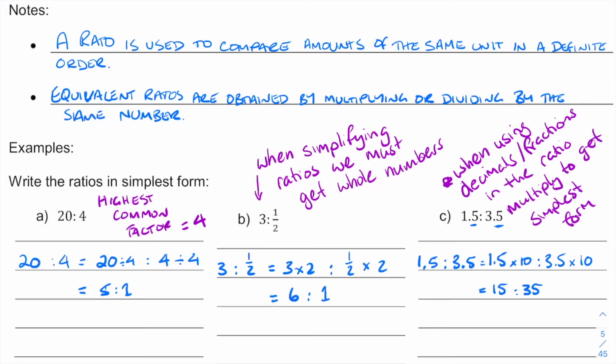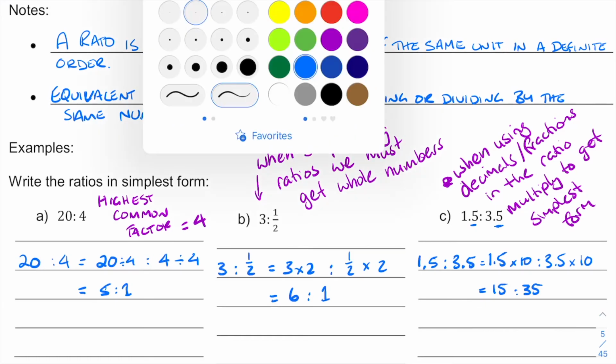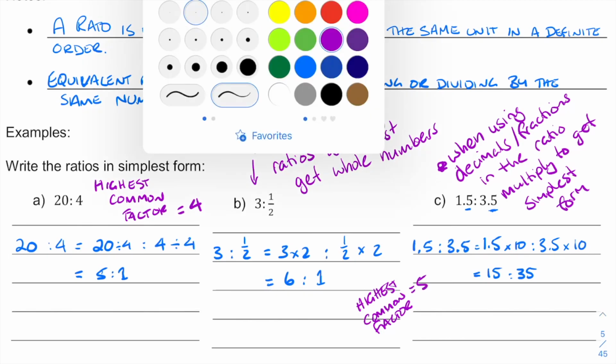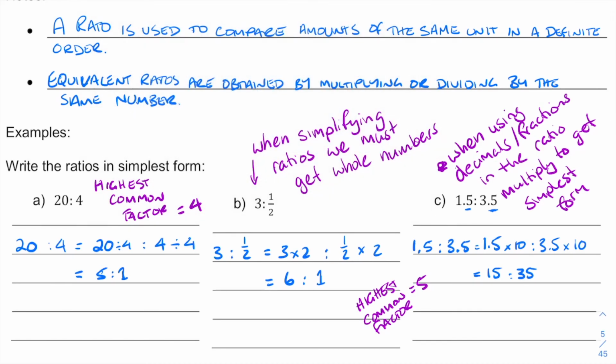So what I'm going to do is I'm going to find that highest common factor again. And for this particular problem, that highest common factor is 5. So when we do our division, we're going to divide by 5.